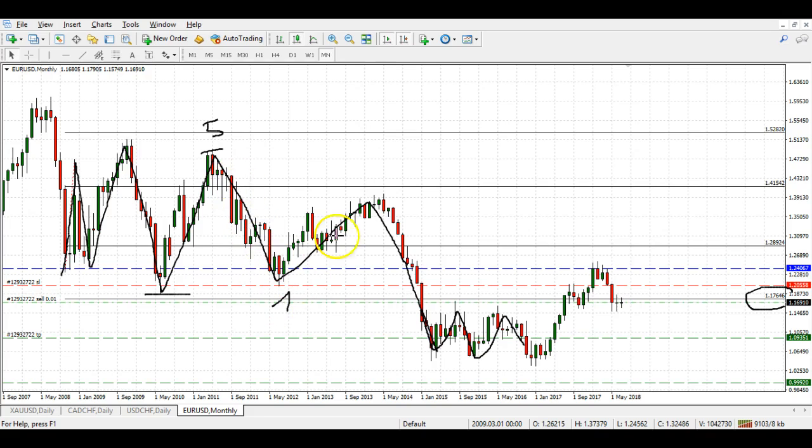So we had the first wave, second corrective wave, I think we had the third wave all the way up, and that was the fourth. So we might be expecting the fifth here to go seriously downwards, reaching the 1 level, but possibly even further than that.